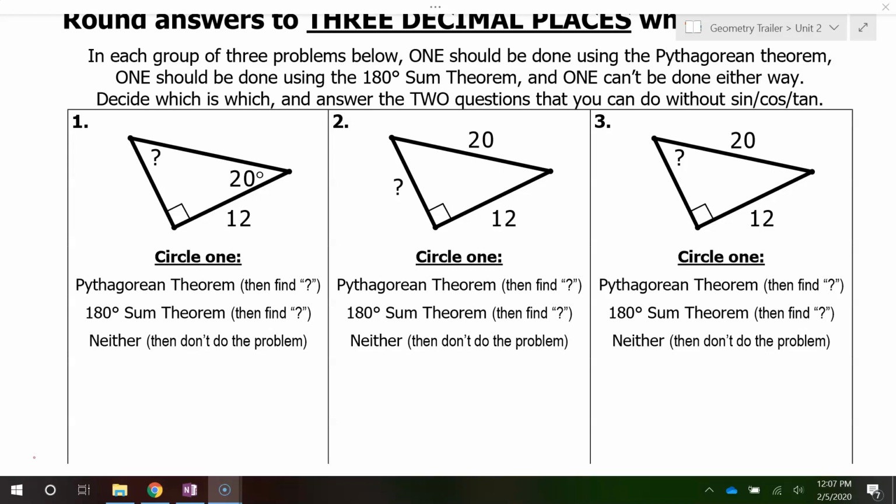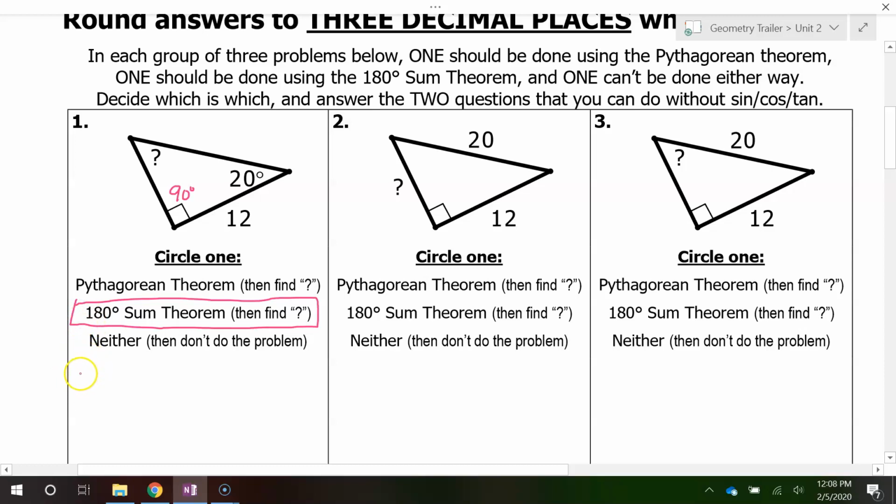Well, this is the situation where we know that this angle right here is 90 degrees, and we know that the other angle is 20 degrees, so they all have to add up to 180. So this is the situation where we will use the fact that the sum of the angles in a triangle are 180 degrees.